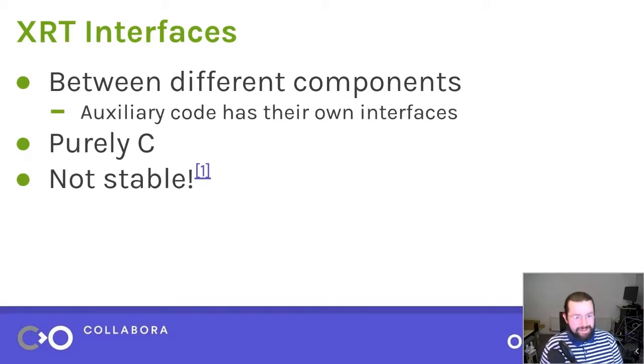Its design is heavily drawn from Gallium, and as I came from Tungsten Graphics, I had a little bit of a hand in the Gallium interfaces as well. So yeah, we drew a lot of inspiration from that, and just in general mindset about it. And again, it's not stable by design, because our understanding of hardware will change as we go along.